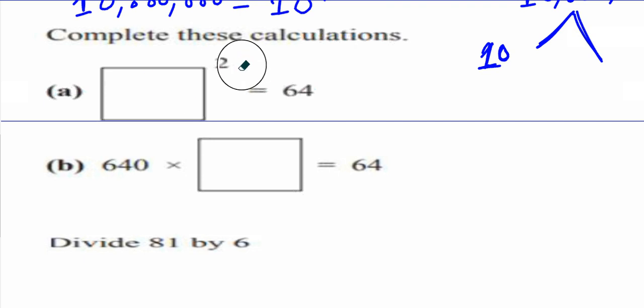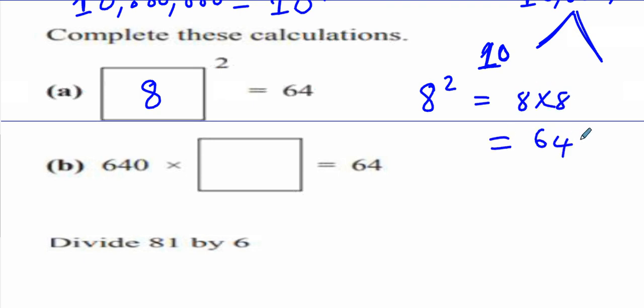Now one can fill here 8. Why? If you remember the square numbers I told you, 8 to the power of 2 will be equal to 8 times 8, and this will be 64, which is this answer here.